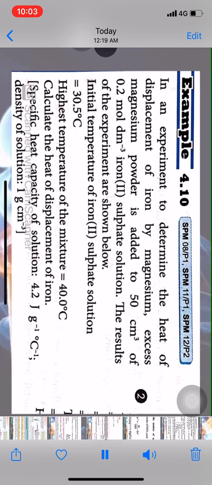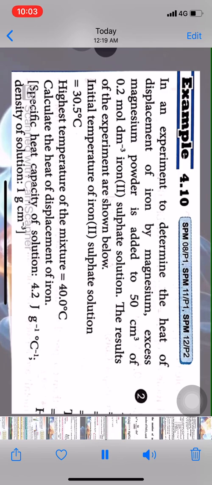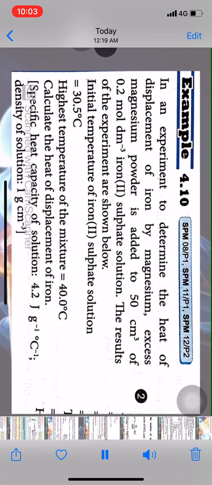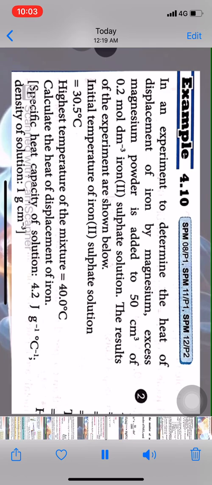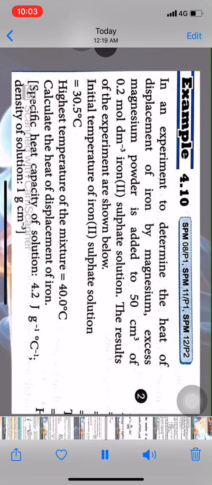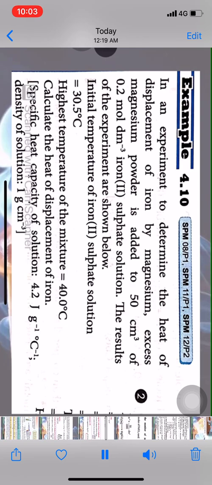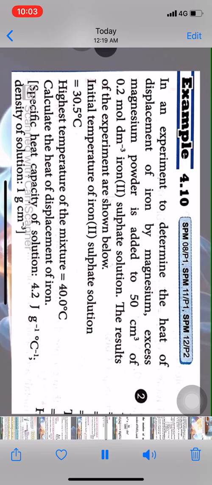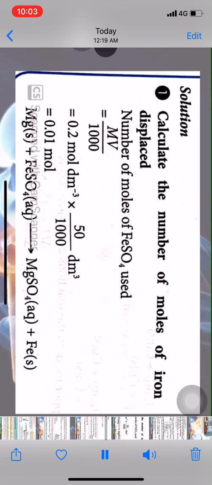The initial temperature of the iron sulfate solution is 30.5, and the highest temperature of the mixture is 40.0. That is the change of temperature. The question already gives you the specific heat capacity of the solution, 4.2, and the density of the solution, 1 gram per centimeter cube. Then calculate the number of moles.